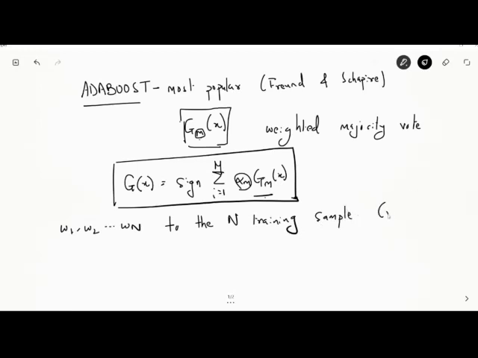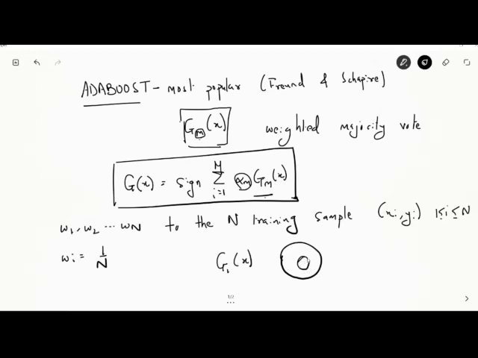Okay, (xi, yi), i from 1 to n. So at the first step, wi is just taken to be 1 by n. Everything is equal. When we have a weak classifier G1(x), which is taking all these data points and producing an output, it must have certain regions which it is classifying incorrectly.